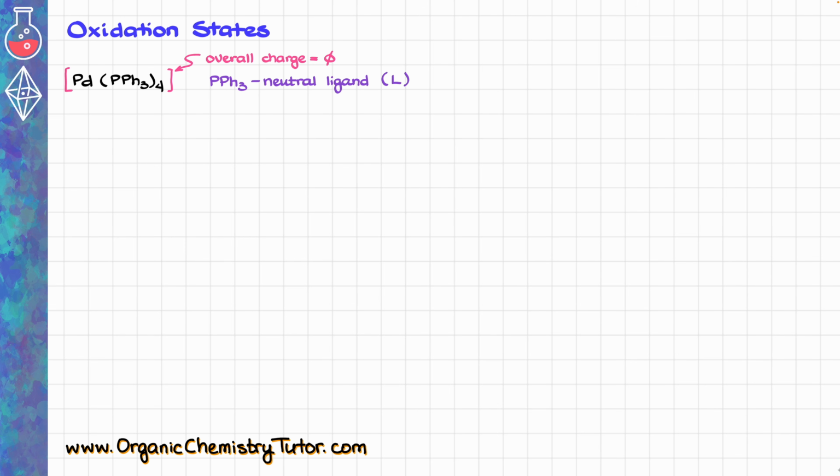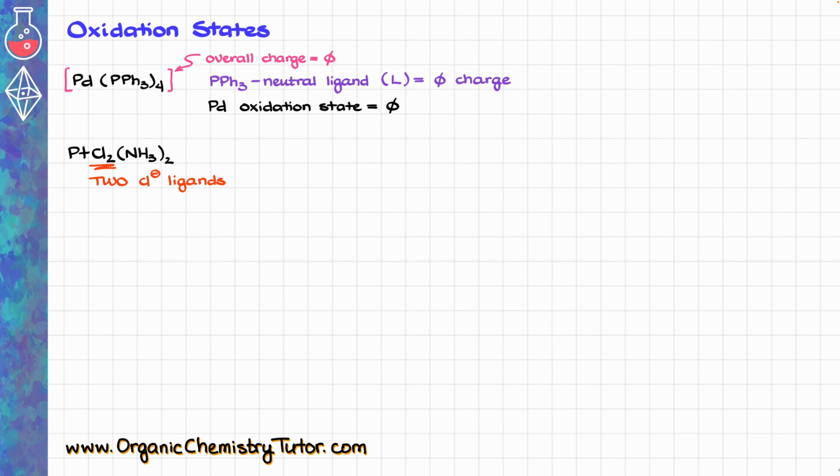And in this case, we have neutral ligands, meaning that the ligand is going to have the overall charge equal to 0 in this molecule. And since the molecule has to be balanced and have the overall charge of 0, the palladium oxidation state here would be 0 as well. Always remember, your metal atom has to balance the molecule whether the complex is neutral, like in this case, or maybe it is charged. Now, here is another example.